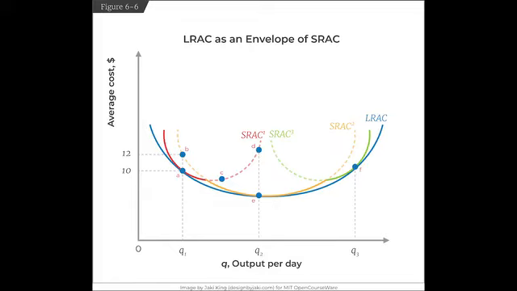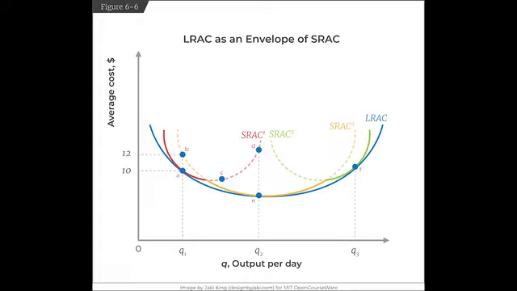If you extend SRAC3 out, at levels of production like Q1 or even Q2, SRAC3 is way above SRAC1. At a level of production like Q3, SRAC1, if you extend that dashed line out, is going to be much, much higher than SRAC3. And SRAC2 is in between.